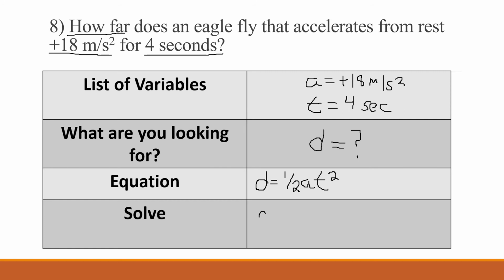Okay, first step, plug the numbers into the equation. D equals 1/2 times 18 times 4 squared. So the acceleration was 18, so A is 18. The time was 4, t is 4. All I did was plug in. That's not scary. Order of operations says I have to do exponents first. D equals 1/2 times 18 times, 4 squared is 16.